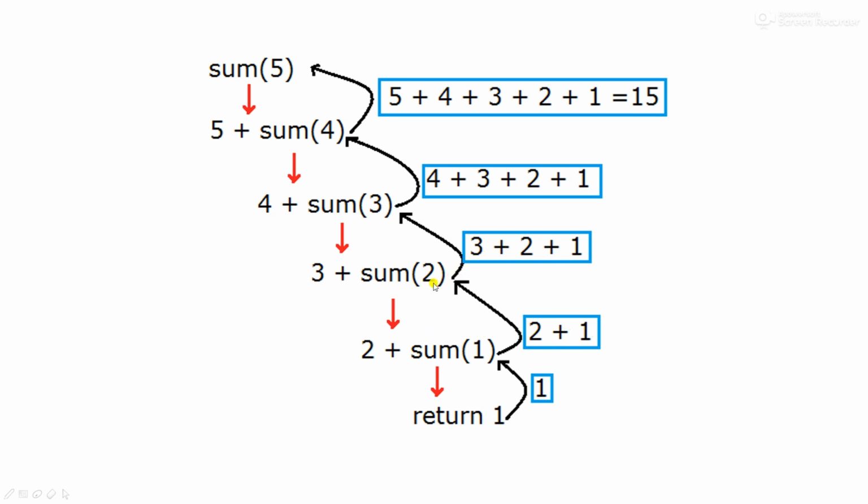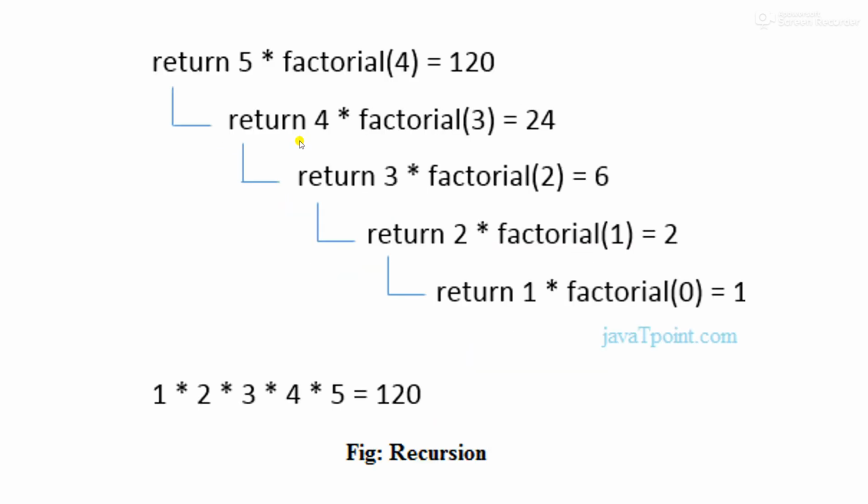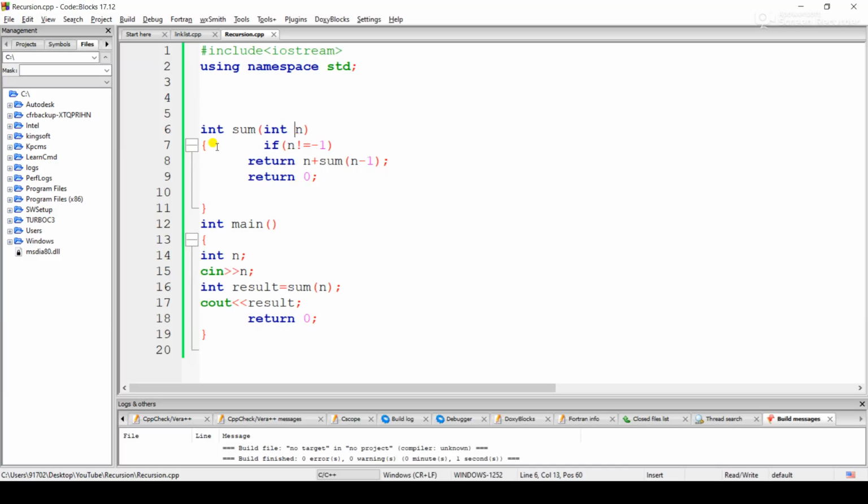So you can understand this. First return 1, and then in the last second, sum 2 plus 1, and in the last third, sum 3 plus 2 plus 1, and in the last fourth, 4 plus 3 plus 2 plus 1, and in the last one, that is our last loop, that is where we started from.